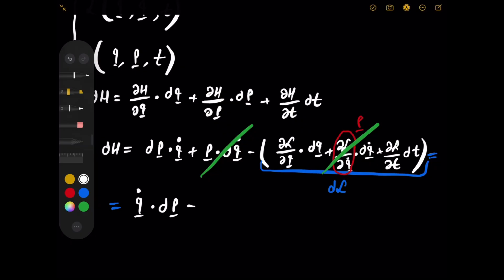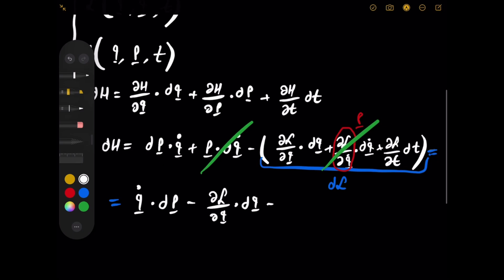Don't forget the minus up front. So we have the dL here, so that's going to be minus dL by dQ dotted with dQ, and then minus dL by dt dt.